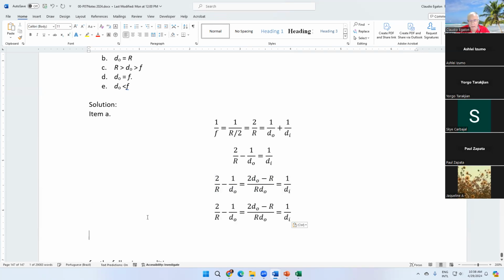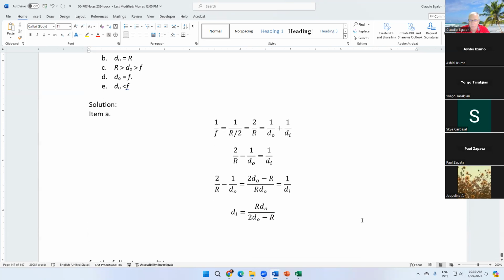We can invert and look at how the equation behaves and study how the equation behaves. d_i goes to the other side. R d_o goes to the right side. d_o minus R goes to the right side. And that's what we get for d_i.